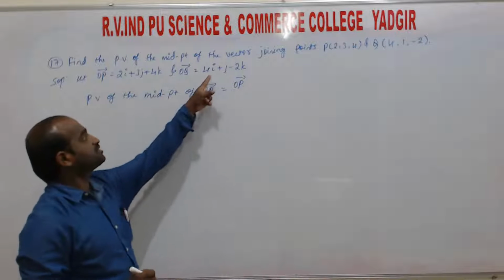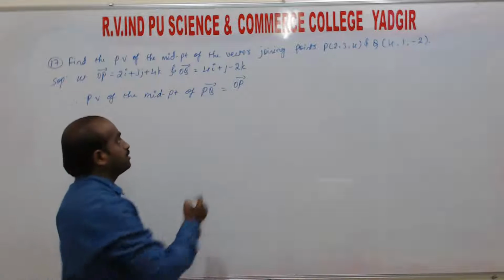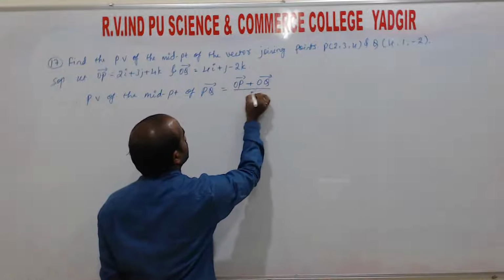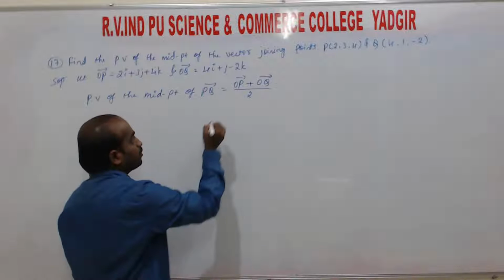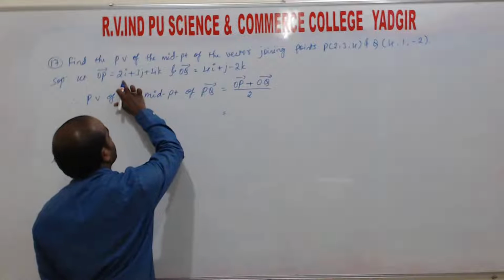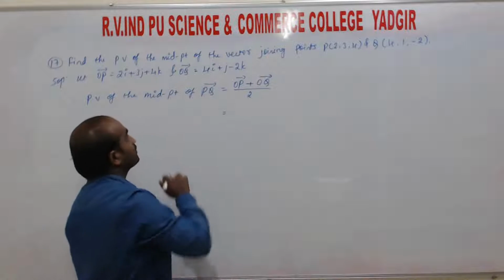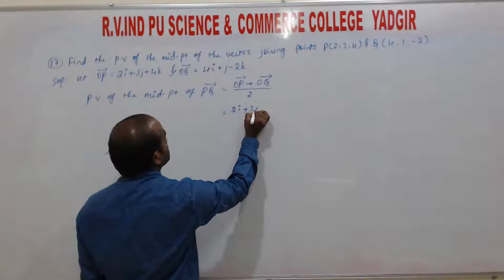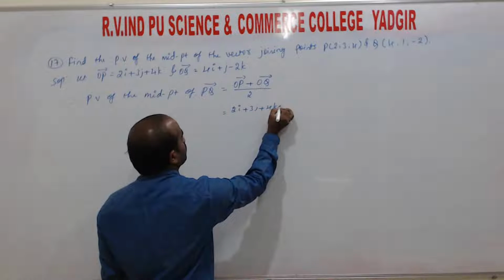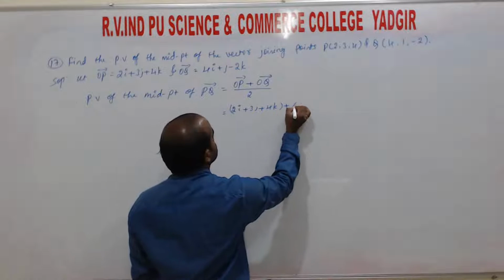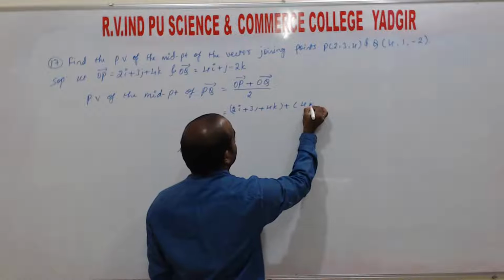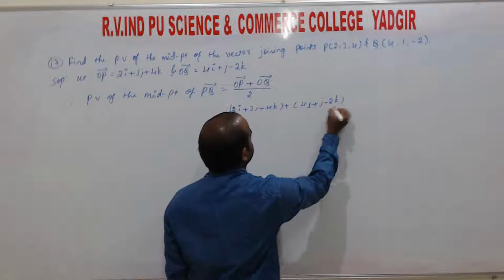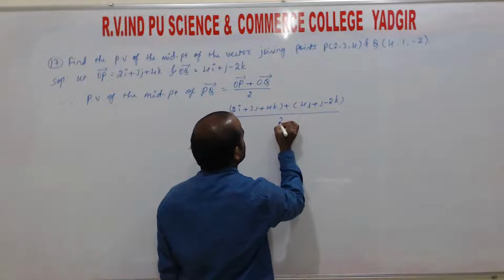This is the A vector, this one is the B vector. The OP vector plus the OQ vector divided by 2. Write it in one step: 2i plus 3j plus 4k plus 4i plus j minus 2k, whole divided by 2.